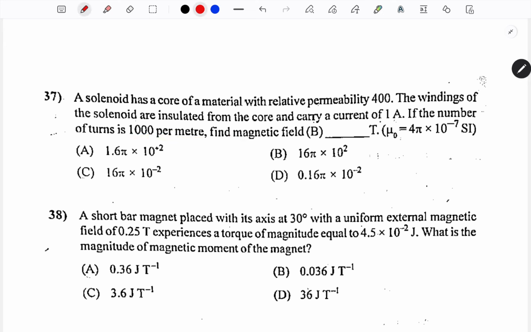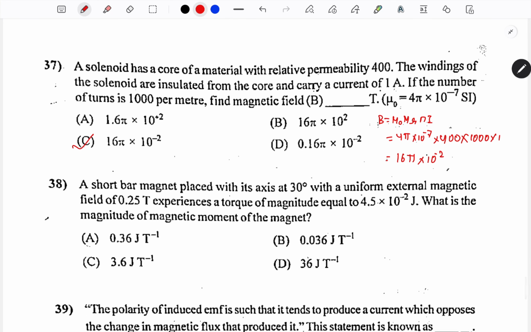For that we know that B is equal to mu 0 mu R into N I, and mu 0 is equal to 4 pi into 10 to the power minus 7 multiplied by 400 multiplied by 1000 multiplied by 1 ampere. So the answer is 16 pi into 10 to the power minus 2, option C.